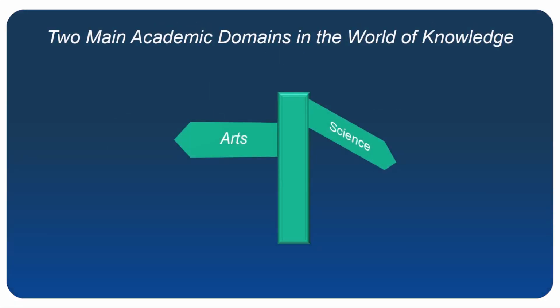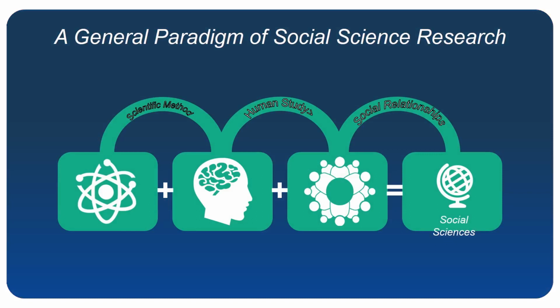Well, when we look at the academic world, there are two main aspects which are covered in the academic world. One of them is the art stream and the other one is science stream. Coming to social science, well, it has one foot on either side.